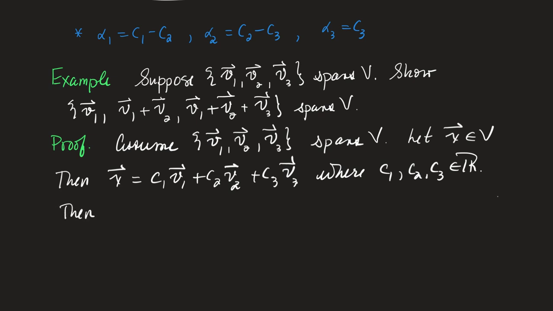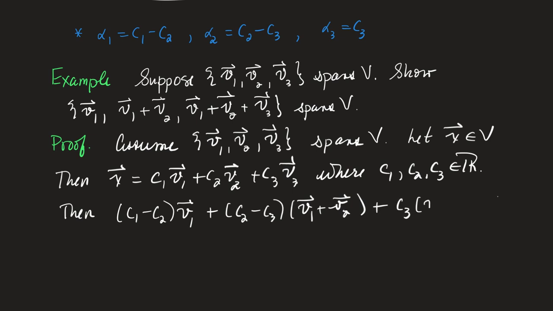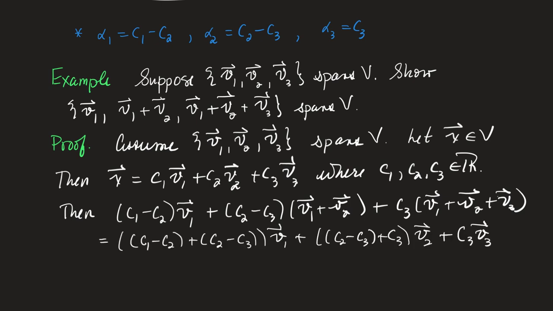If I write alpha 1, so C1 minus C2 times V1, plus C2 minus C3 times that next vector, which is V1 plus V2, and C3 times that last vector, I should get X, and I should show that I get X. Let's work this out.